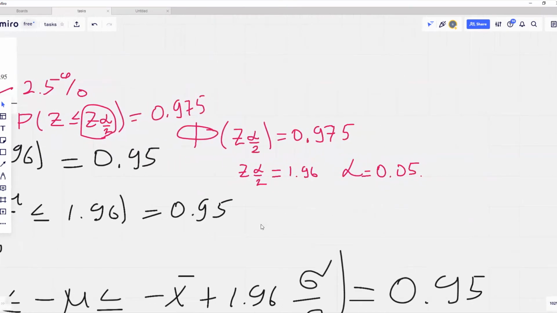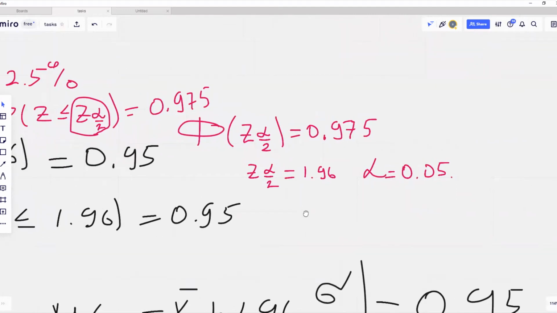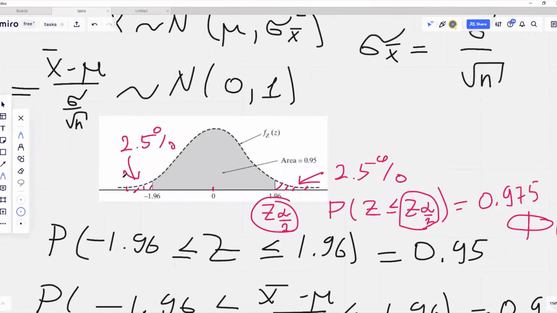Now, if we wanted a confidence interval of another level, let's assume a 68% confidence interval such that 68% lies in the middle, let me draw that in a different color, in a blue one. So this corresponds to a confidence level of 68%.